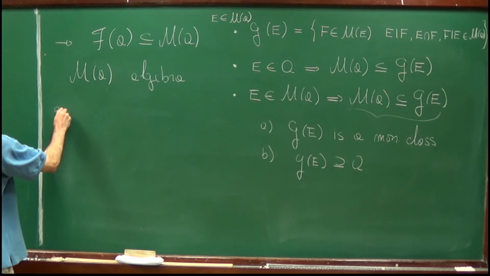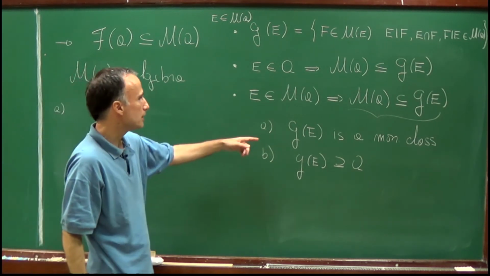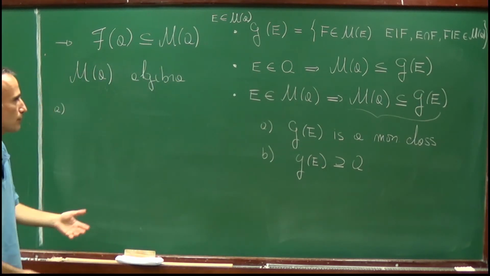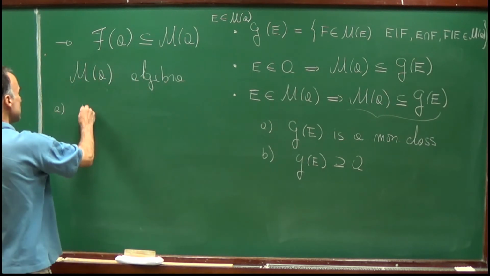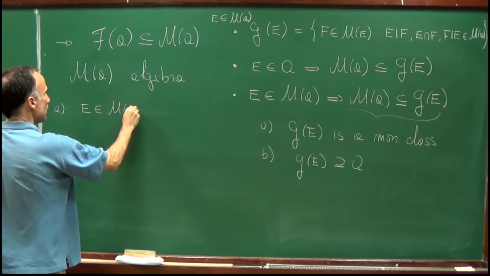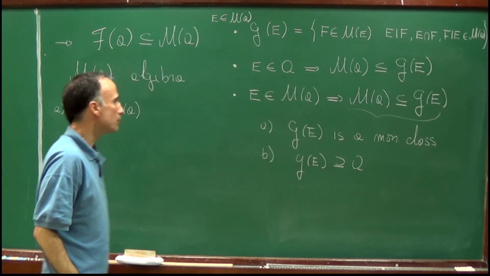The proof of A is identical to the proof of A in the case in which E is an element of the algebra, but let's just recall it. So I'm fixing a set E in M of A, and I want to show that G of E is a monotone class.